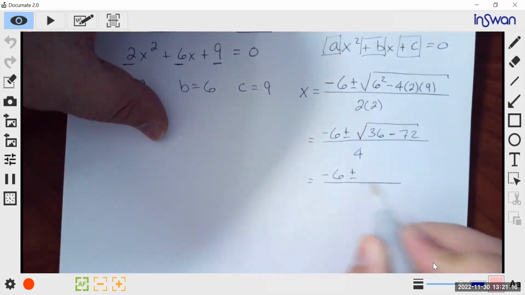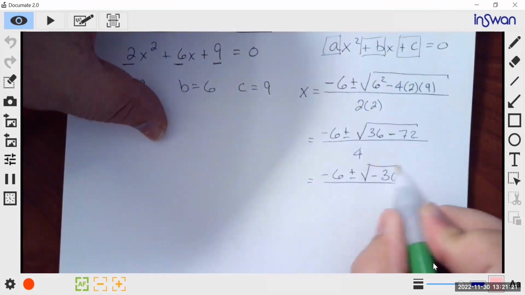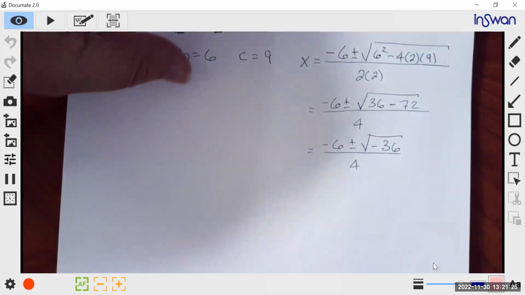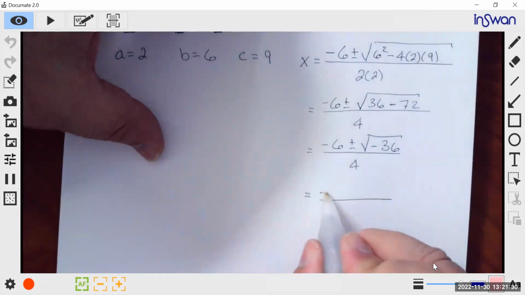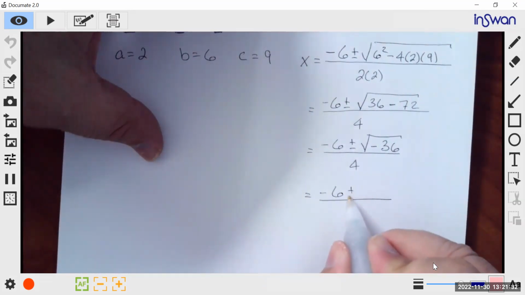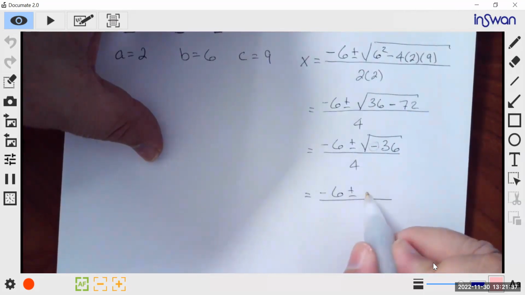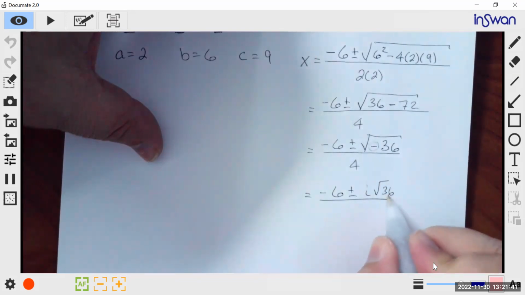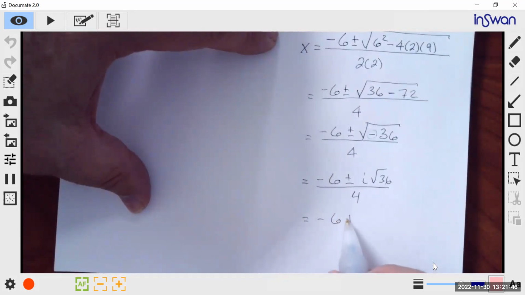Negative 6 plus or minus the square root of 36 minus 72, which is negative 36. The negative inside there makes it an i. So that becomes the square root of 36, which is 6, so it's 6i.